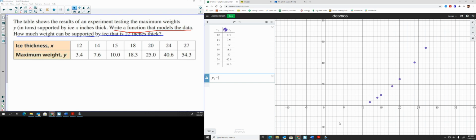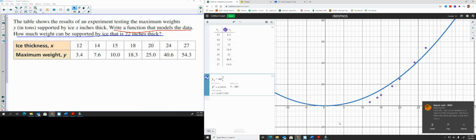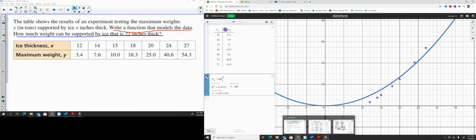And I'm going to type ax1, and then I need to make sure that's squared. If you don't know how to type a squared, you can hit Shift 6, and that puts you in exponent mode. Type a 2, so it's ax1 squared. And then I'm going to hit the arrow key to the right to get me out of exponent mode.